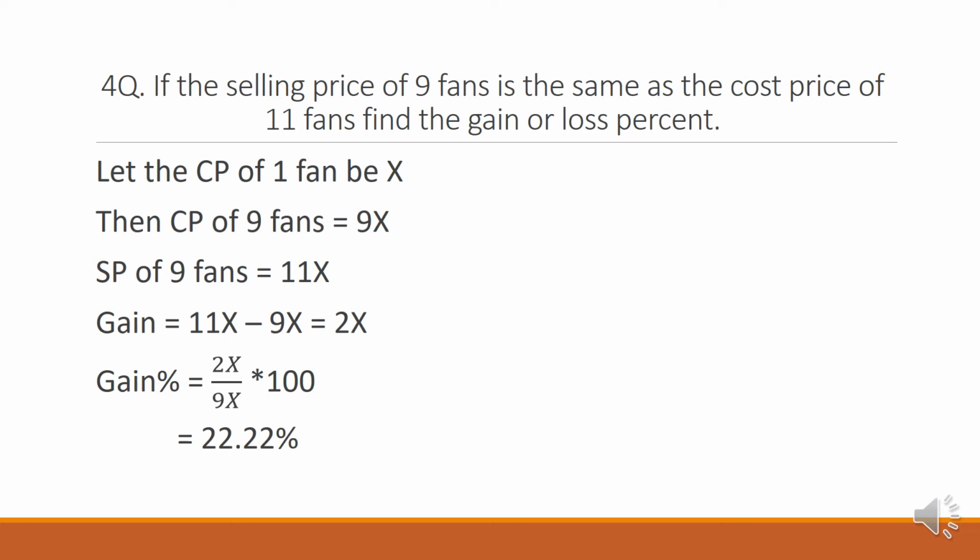If the selling price of 9 fans is same as the cost price of 11 fans, find the gain or loss percentage. So here let the cost price of 1 fan be X, then the cost price of 9 fans will be 9X. So the selling price of 9 fans will be 11X as the selling price of 9 fans is equals to cost price of 11 fans.